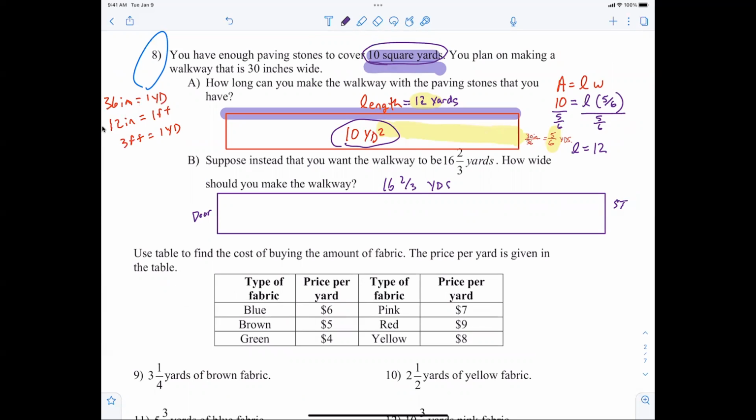The area is still 10 square yards. My question is, if I measured it out and it was 16 2/3 yards that way, how wide can I make it now? What do I need to do?